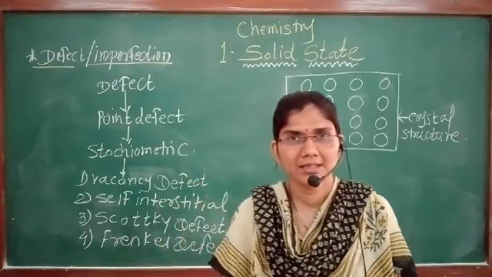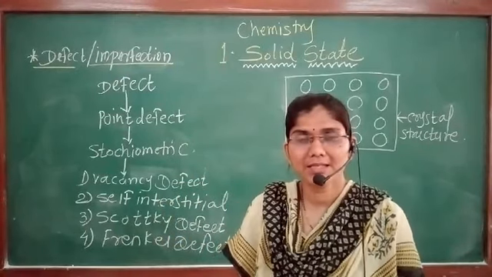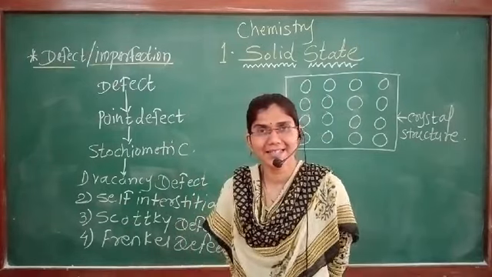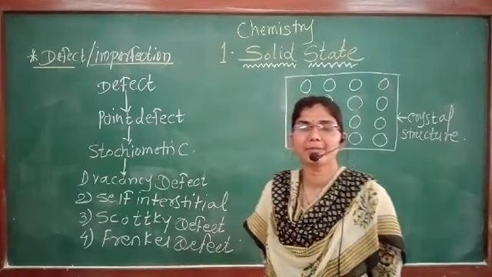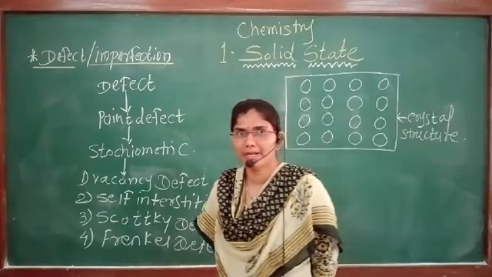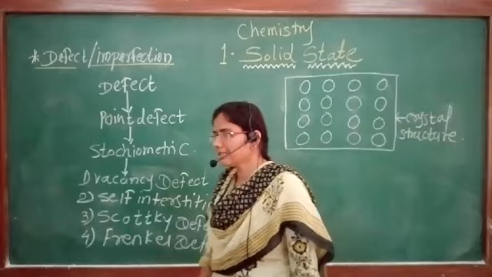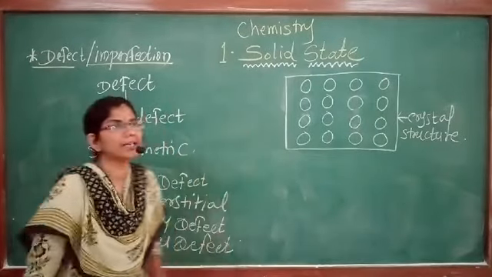Stoichiometry means the number of atoms or the number of cations and anions remains the same, and it is represented by a chemical formula. In the stoichiometric defect, first we have seen the vacancy defect.